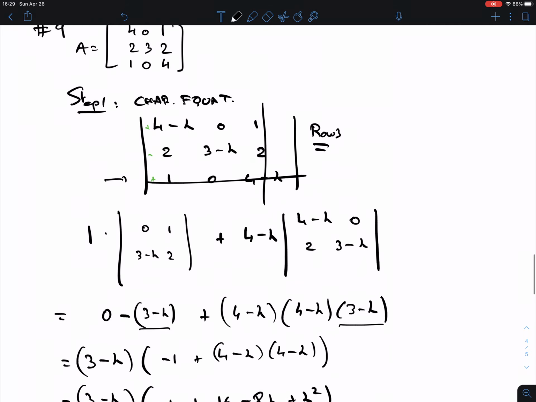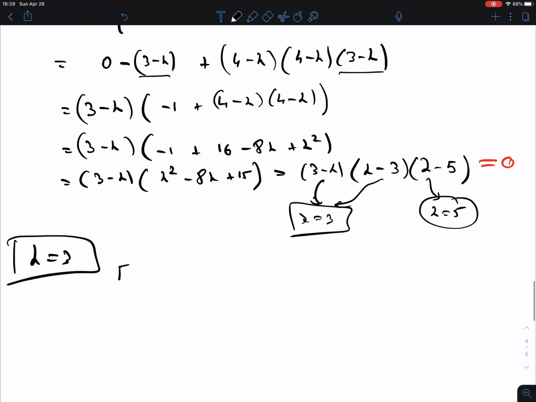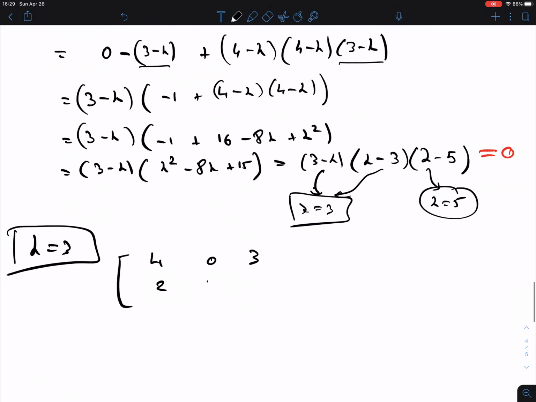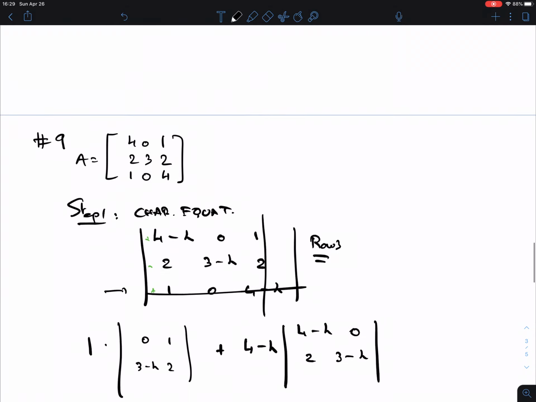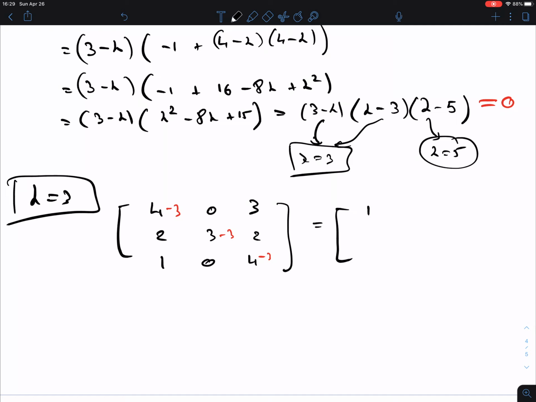Sorry, let me copy the matrix. 4, 0, 3, 2, 3, 2, 2, 3, 2, 1, 0, 4, 1, 0, 4, and now I'm subtracting 3 from everything, minus 3, minus 3, minus 3, so I get the matrix 1, 0, 3, 2, 0, 2, and 1, 0, 1.